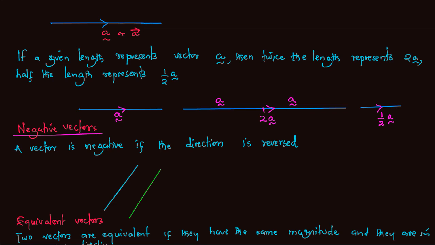So in our case, if line A has vector A, its opposite direction, same magnitude, represents negative vector A.